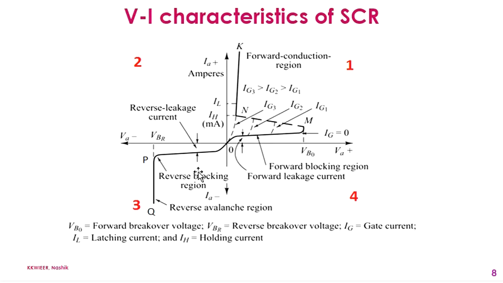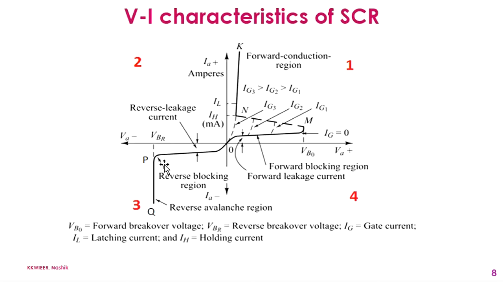When the cathode is made positive with respect to anode, if you remember the first diagram of the last slide, then the SCR becomes reverse biased. So refer to quadrant 3, 0 to P. In this reverse biased condition, the outer junctions J1 and J3 are reverse biased and the middle junction J2 is forward biased. Therefore, only a small leakage current flows.